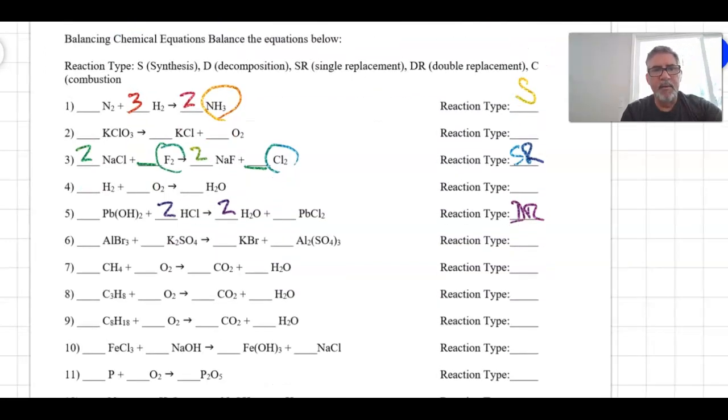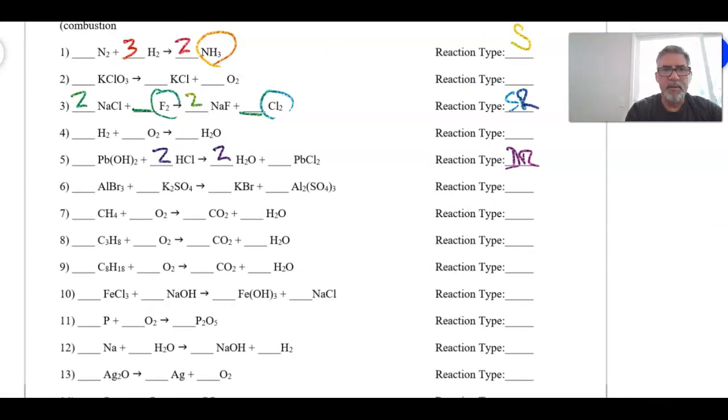All right, let's come down a little farther, and we have number 7. Number 7, I have a hydrocarbon and oxygen, make carbon dioxide and water. We'll go one at a time again. I have 1 carbon here and 1 carbon there, so I'm pretty good. I have 4 hydrogens, I have 2, so let's make this 2.